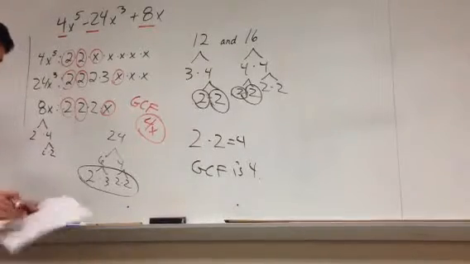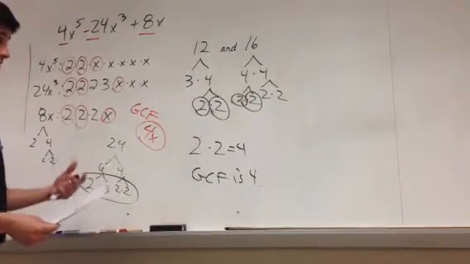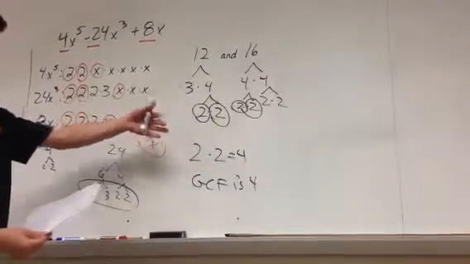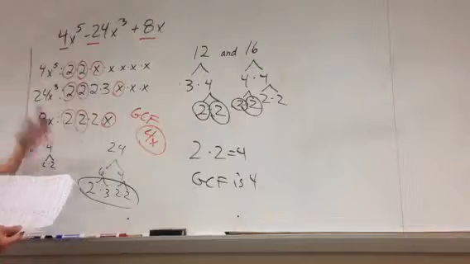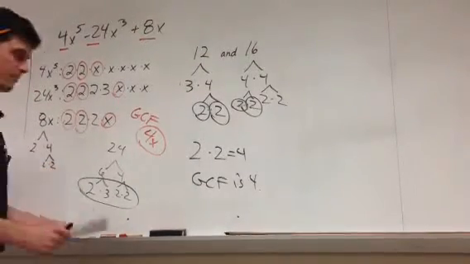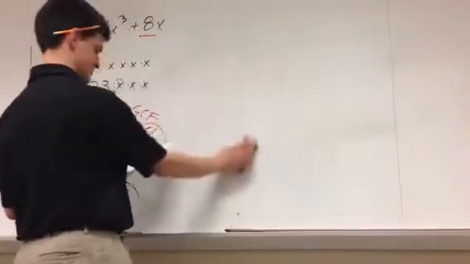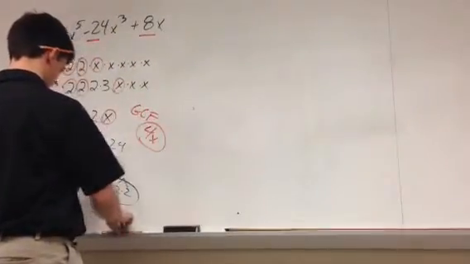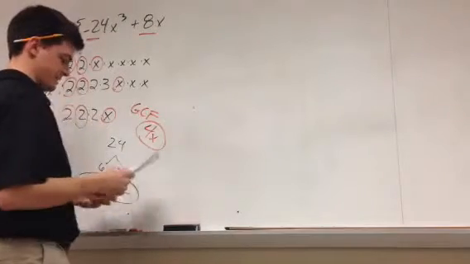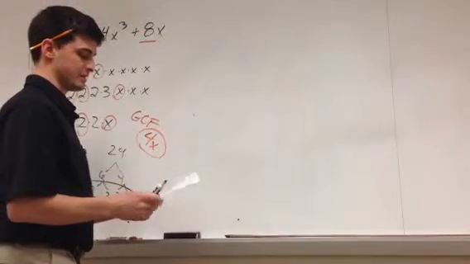And then if you go to the next page, the last page, it takes another step further. So we know how to find the greatest common factor. We know how to find the greatest common factor of a polynomial. And now we need to know why that's important. So we're going to take a look at number 12. That one's not too bad. So you have 11 done for you.